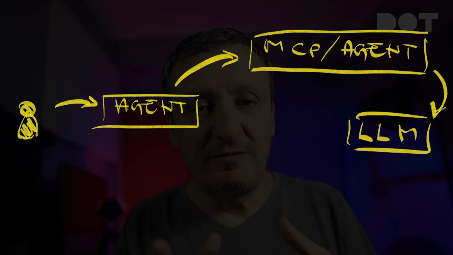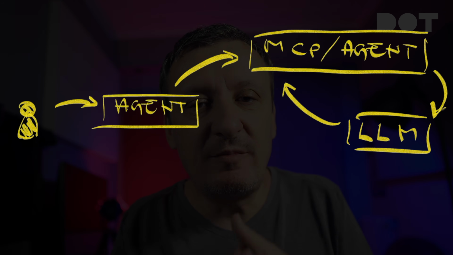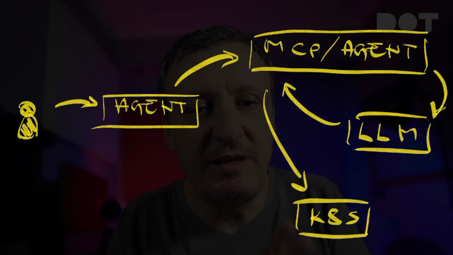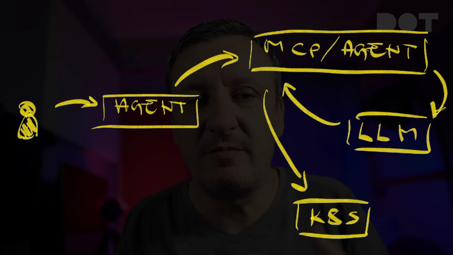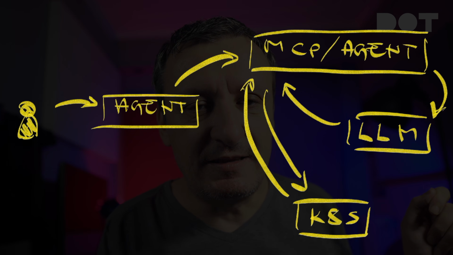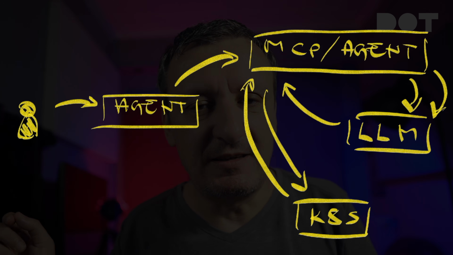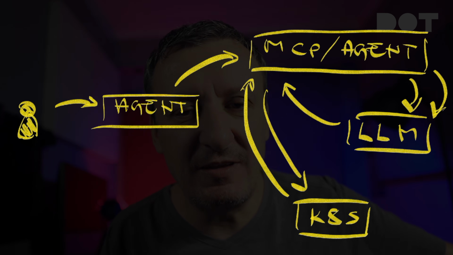So, the gathering of data and the dry run happen through a loop. The LLM requests tool execution. The MCP agent executes those tools like kubectl get, kubectl describe, kubectl events, and so on against Kubernetes, which returns data. The agent adds the outputs to the context and sends it back to the LLM.